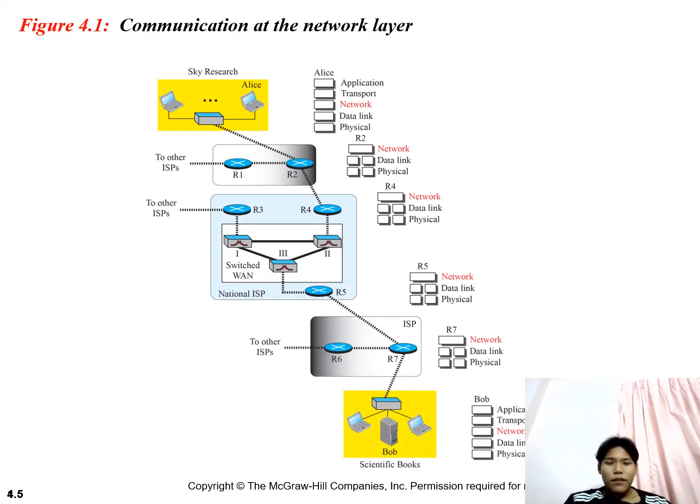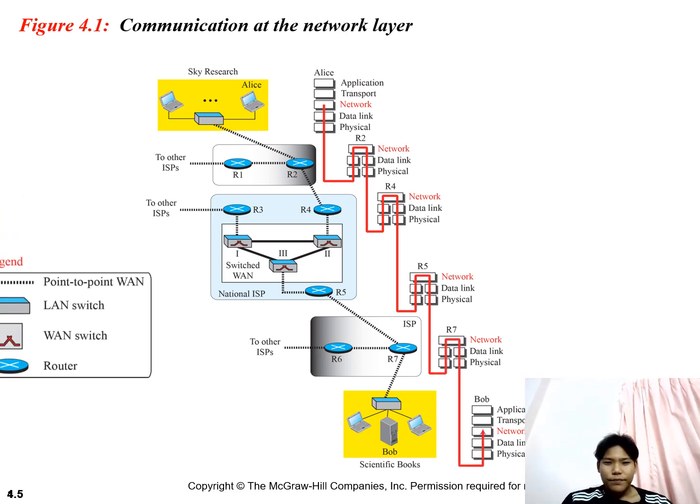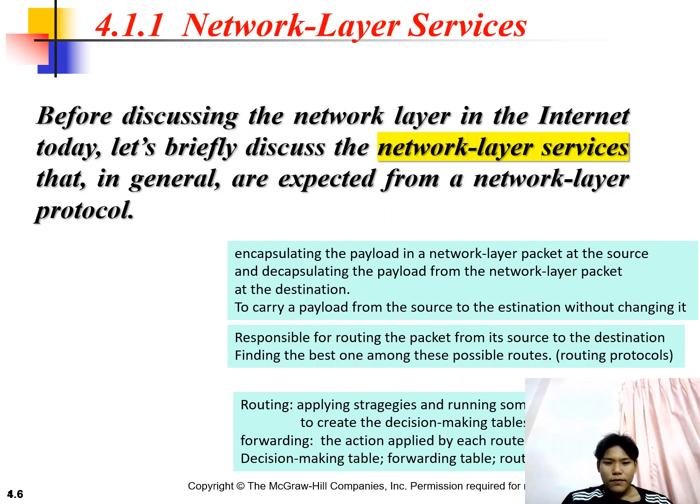So this is how the network layer works. Network layer services. Before discussing the network layer in the internet today, let's briefly discuss the network layer services that, in general, are expected from a network layer protocol.